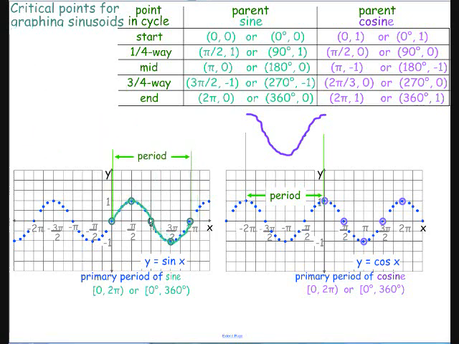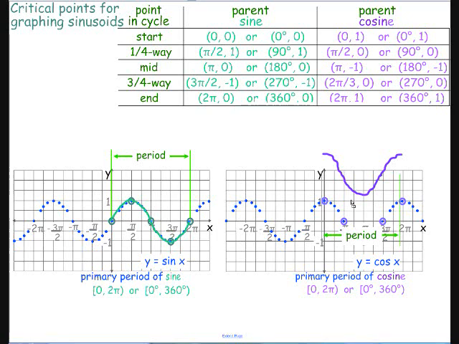So with just those 5 points, and for me, when I'm grading you, if you have those 5 points located correctly, accurately, and your curve is a little shaky like mine is, that's still 100%. I don't expect you to be an artist here. I do expect you to be able to accurately plot these 5 critical points.